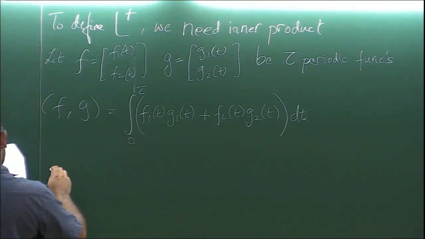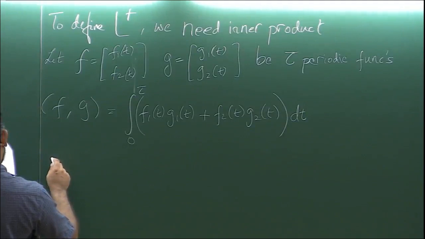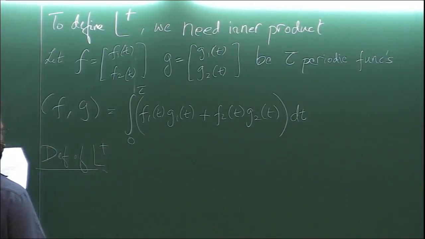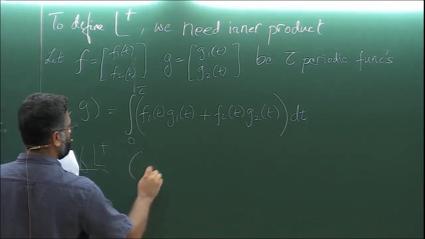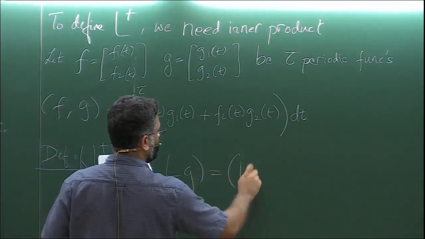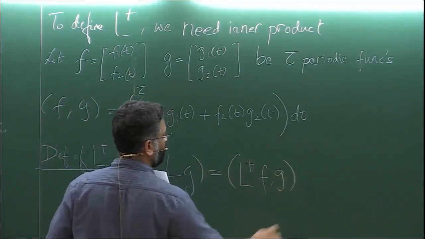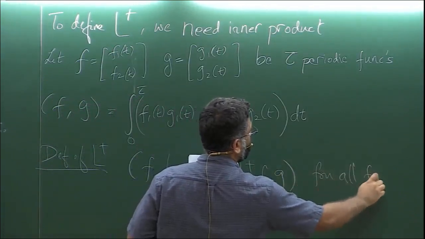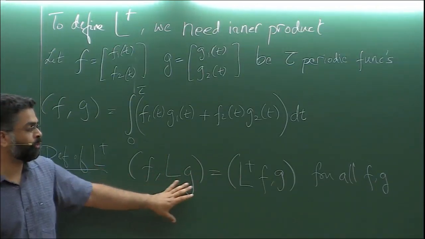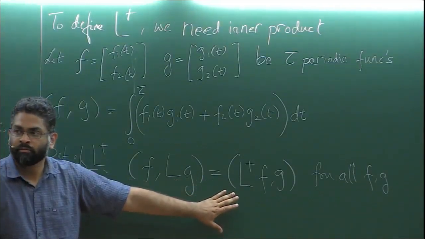So, the definition of L transpose is that the inner product of F and LG should equal the inner product of L transpose F and G, for all F and G. You have the definition of L, you pick an F and a G, and how do you go from here to here? Integration by parts.